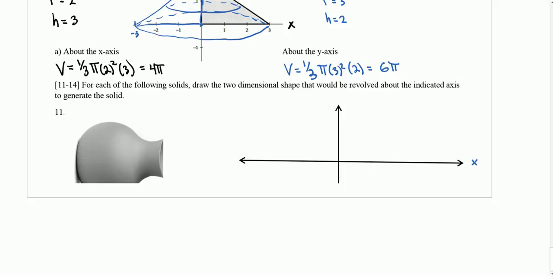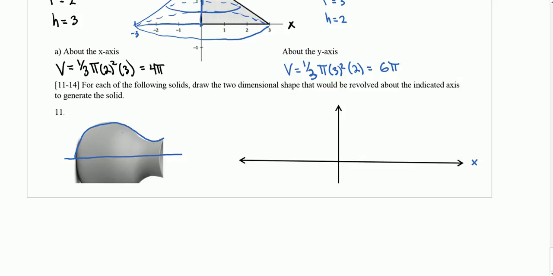Anywhere on the x-axis, it doesn't really matter where we start. I'll start at 0, 0. If I cut this right down the middle, I'm going to be drawing this top half here.